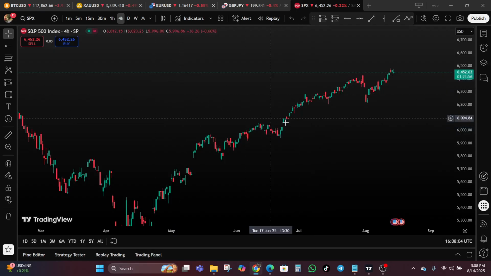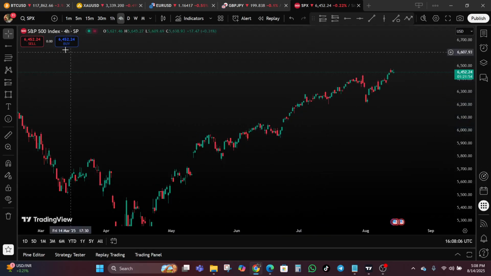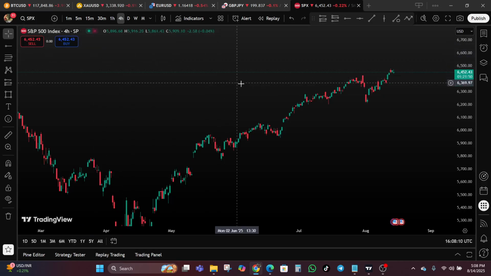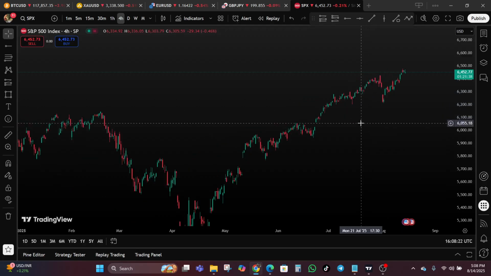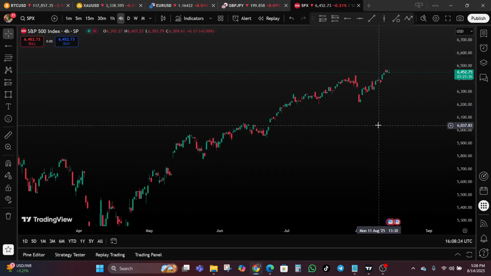The SPX 500, also known as the S&P 500 index, tracks the performance of the 500 largest publicly traded companies in the United States. Because of its high liquidity and steady volatility, it's a favorite among traders. But like any market, it requires a structured approach to trade effectively.